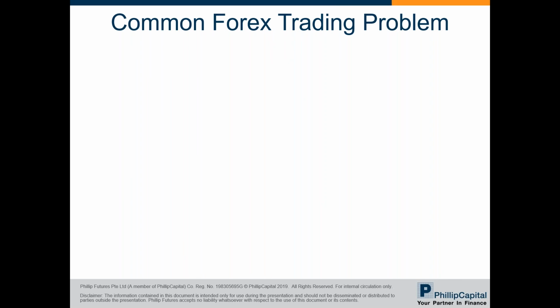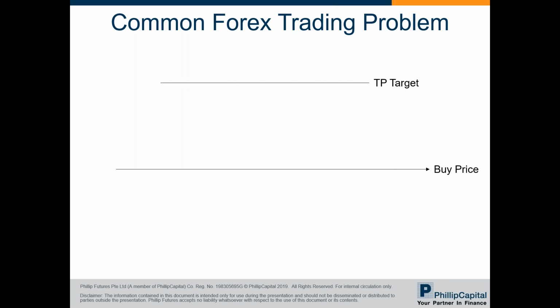So here I have a very common forex occurrence that might be very relatable to many traders. You enter into the market, you have a buy price, then you put your take profit and your stop loss.